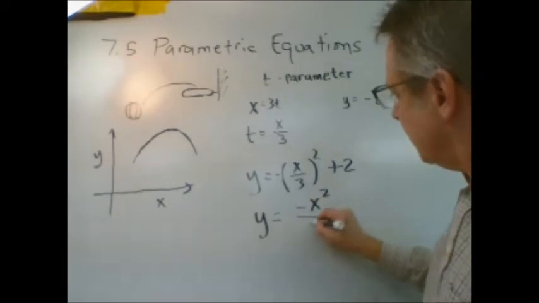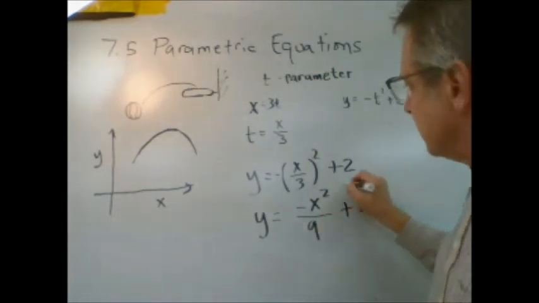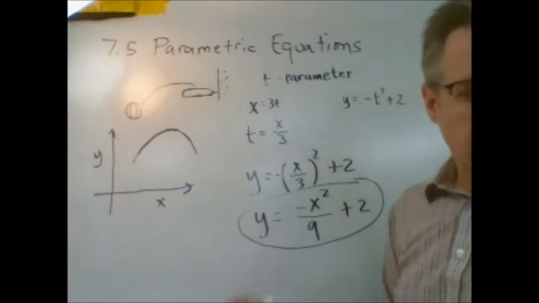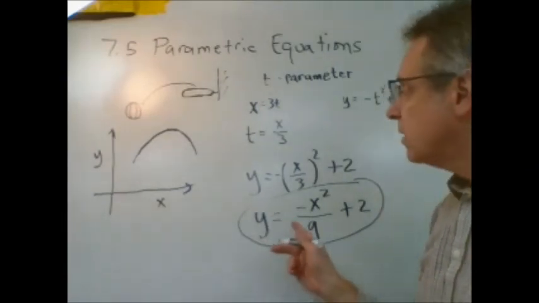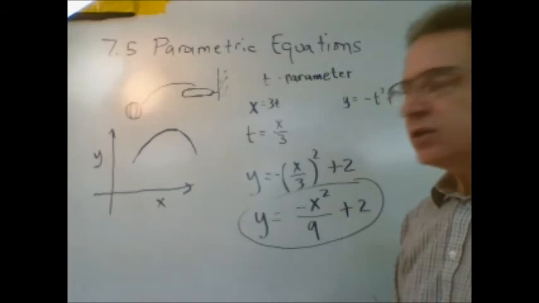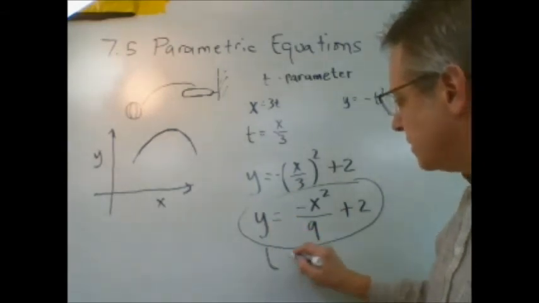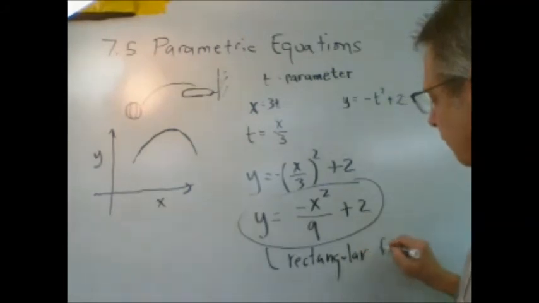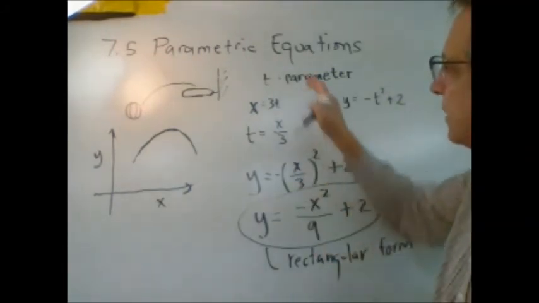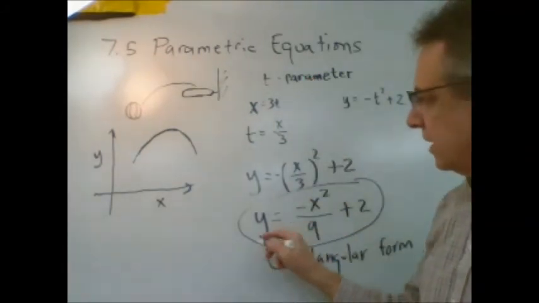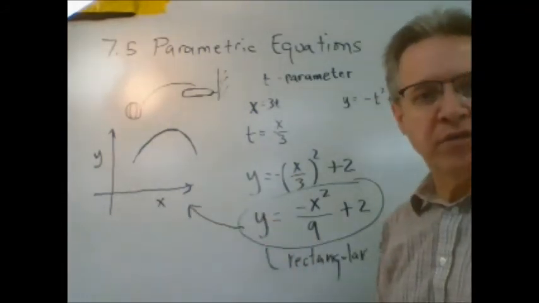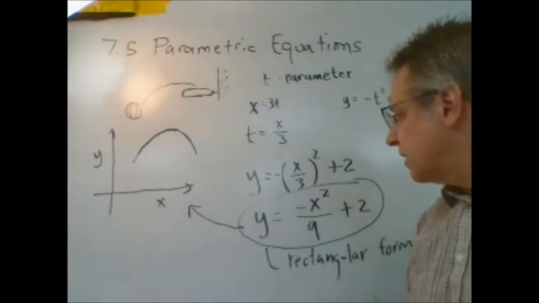And what comes out of this is what is called a rectangular form of those two equations. And so this is a rectangular form, and t was the parameter. And now I have a graph that looks like all the math that we've been doing forever and ever and ever.